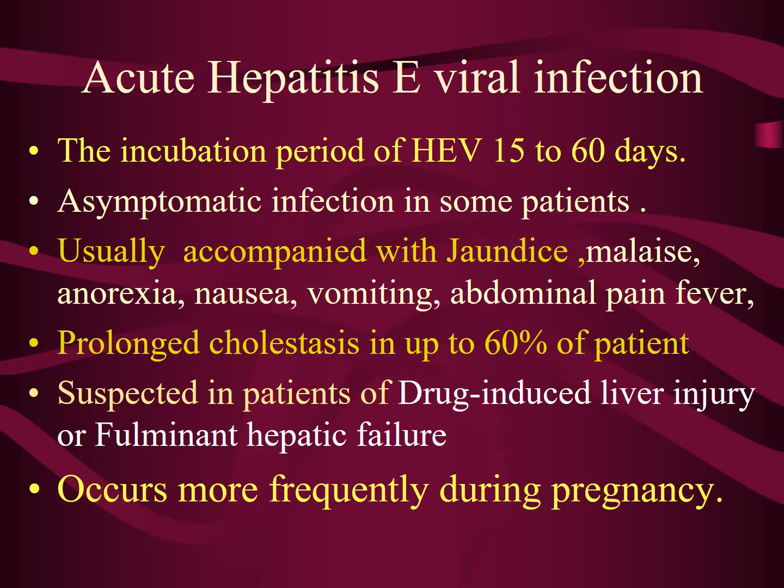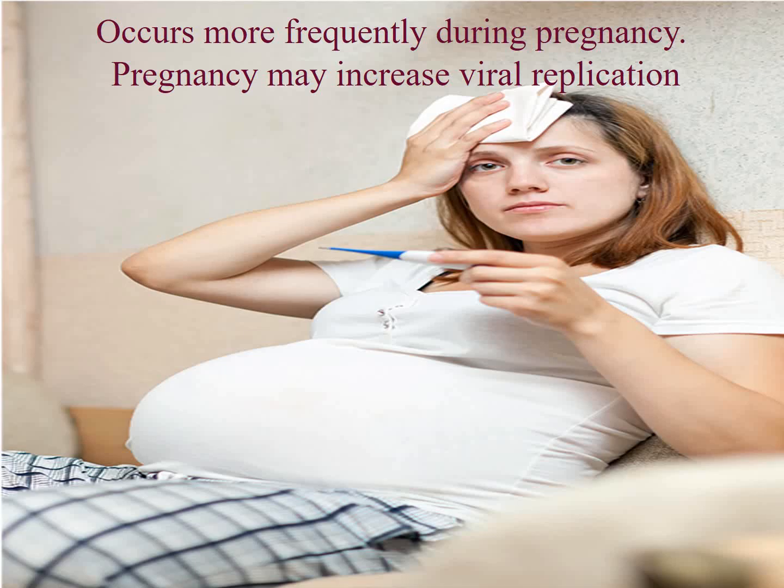It occurs more frequently during pregnancy. Therefore, any pregnant woman in the third trimester should take care with any food that may be a source of hepatitis E virus. It occurs more frequently during pregnancy because pregnancy especially may increase the viral replication.